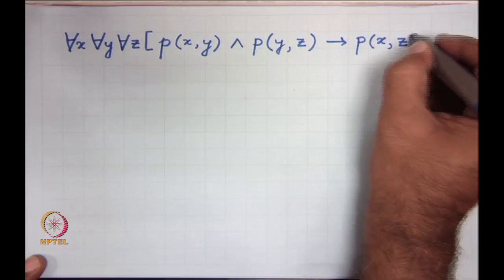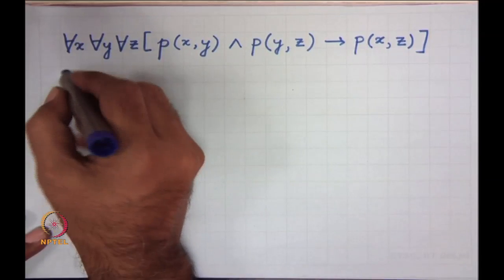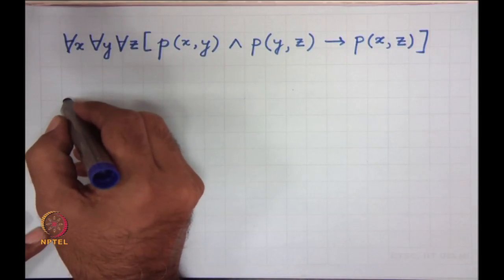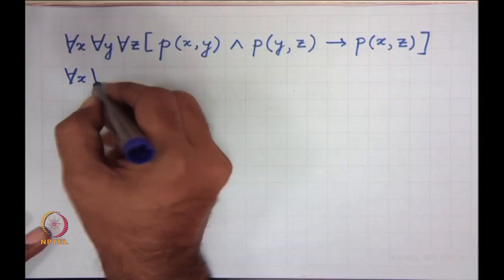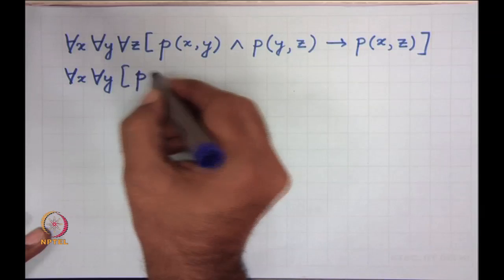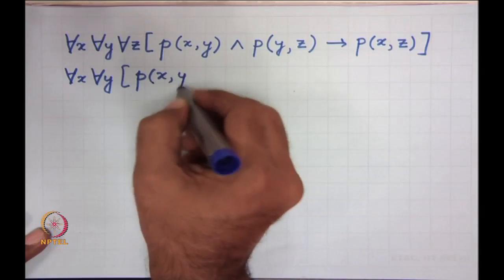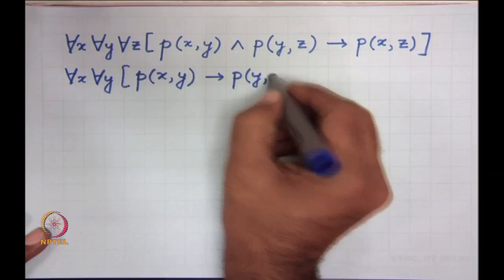So, this is transitivity. And let us say you have symmetry. Symmetry would also be written as, for all x, for all y, p of x y implies p of y x.